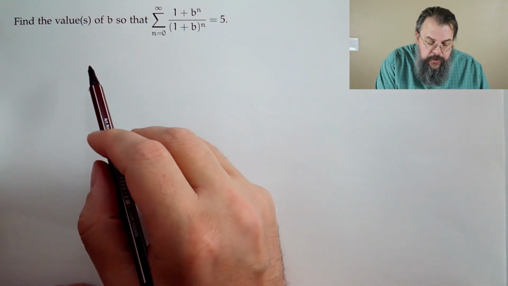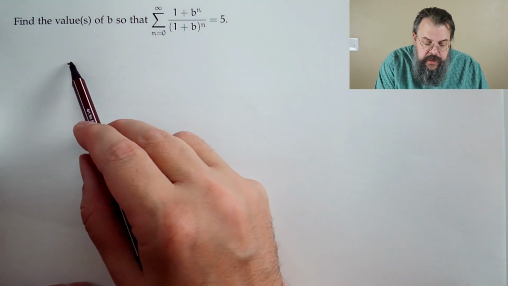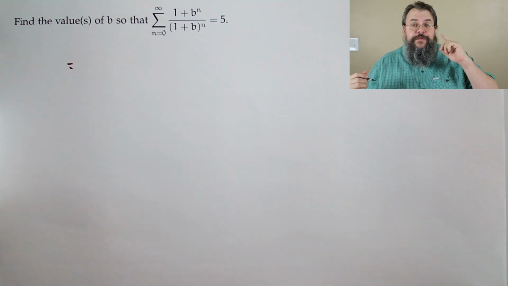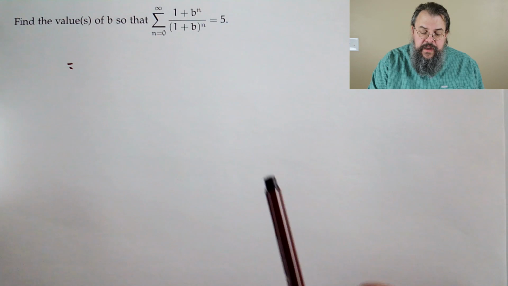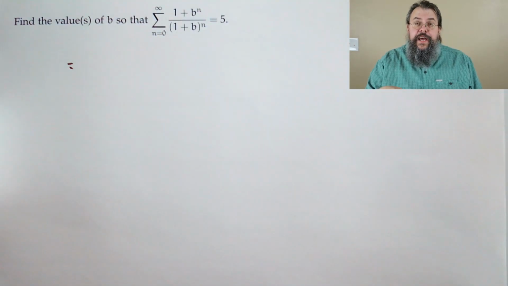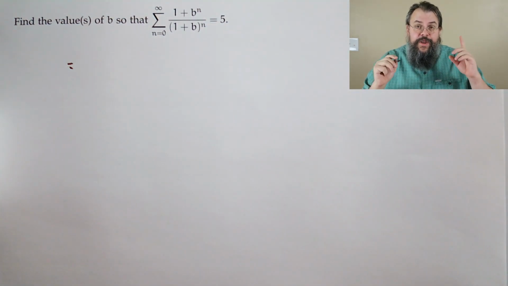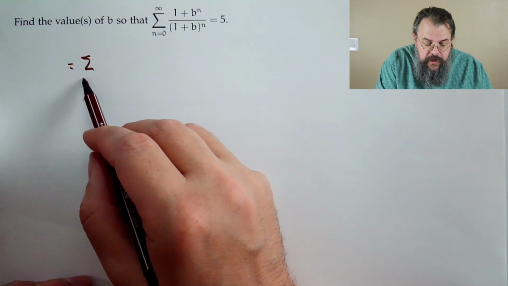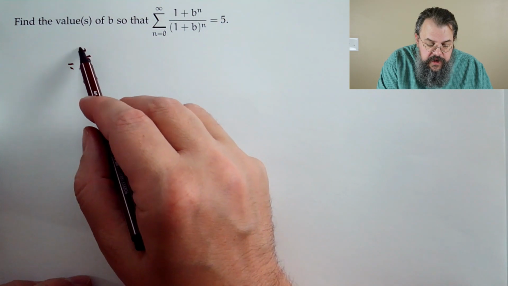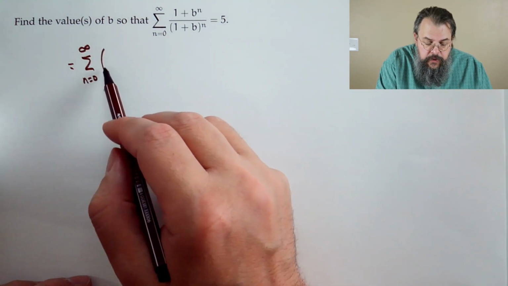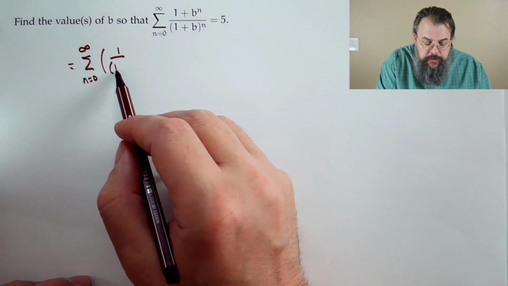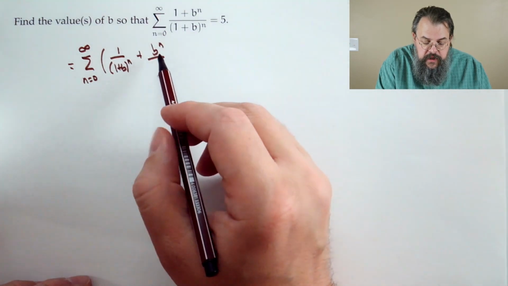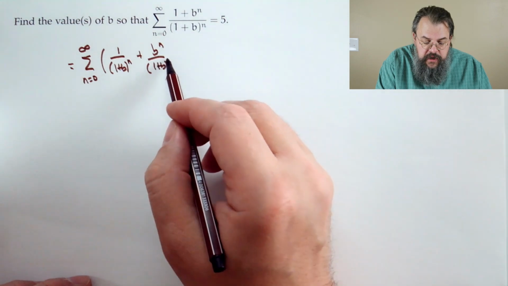So, okay, we say, hey, let's rewrite our sum in a more convenient way. Our mindset is geometric. The reason our mindset is geometric is we see an exponent to the nth power. Exponent to the n, we think geometric. So we can say, hey, this is the sum from 0 to infinity of, split into two pieces, 1 over 1 plus b to the n, and then b to the n over 1 plus b to the n.